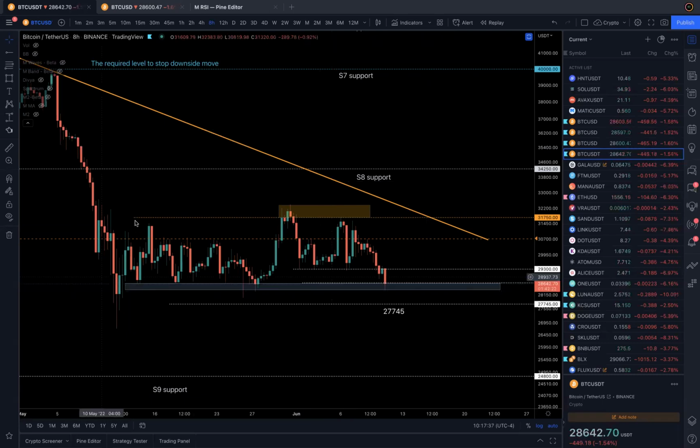Sometimes in a very narrow range bound movement like this, you would find multiple supports. So sometimes you have to look for a support zone that covers a little wider range.